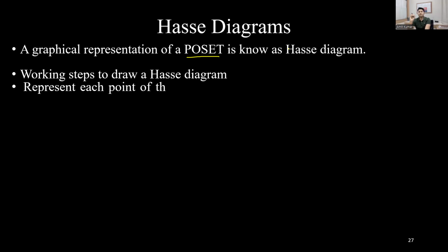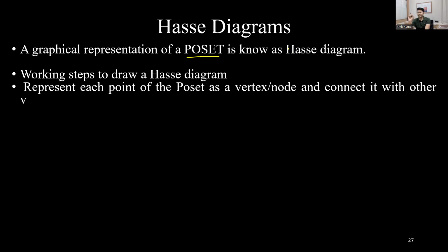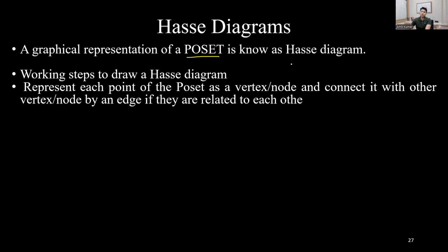The first step is to represent each point of the given set as a vertex or node, and connect it with the other vertices or nodes by an edge if they are related to each other. That means first, position the points of the set in the plane.